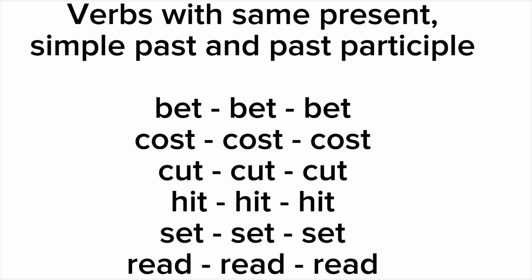Set, set, set. Read, read, read. You heard it right. The last one has the same spelling but different pronunciation. Read is the past and past participle of the verb read.